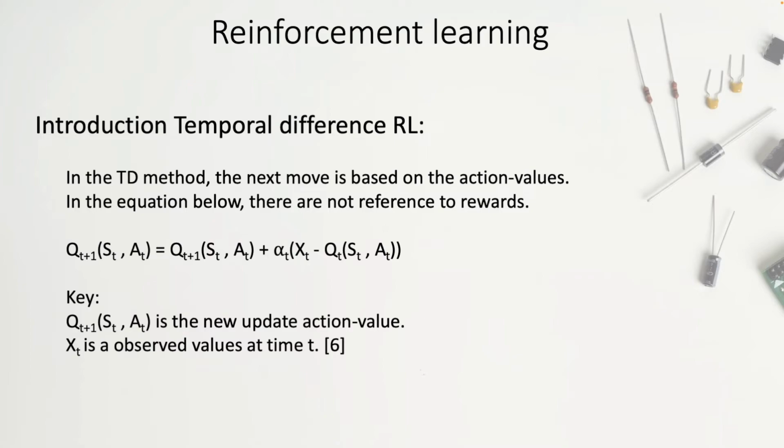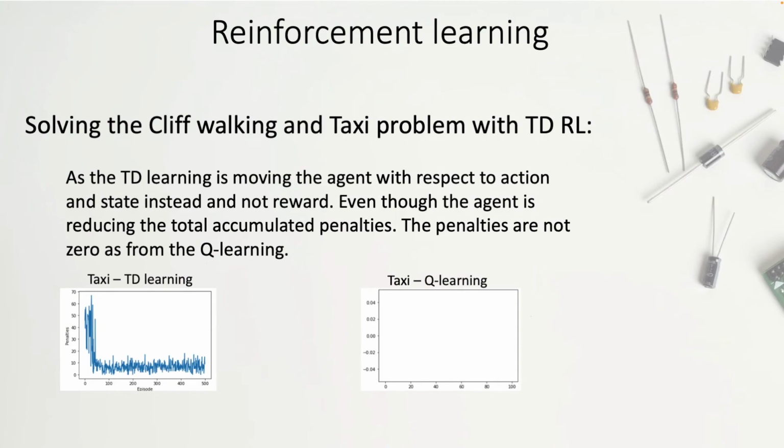Introduction to temporal difference reinforcement learning. In the temporal difference method, the next move is based on the action values. In the equation below, there is no reference to rewards. Solving the cliff walking and taxi problems with temporal difference reinforcement learning.